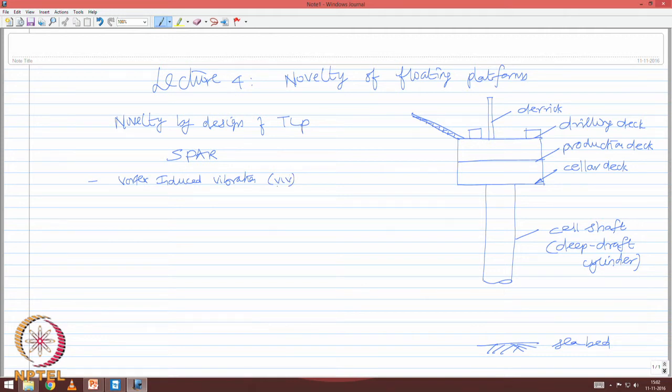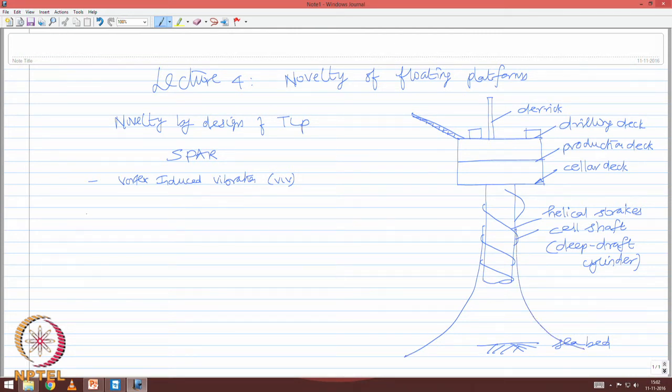To avoid this problem, they are strengthened with helical strakes. To additionally support this, sometimes there can be a mooring line, but it is not necessary.